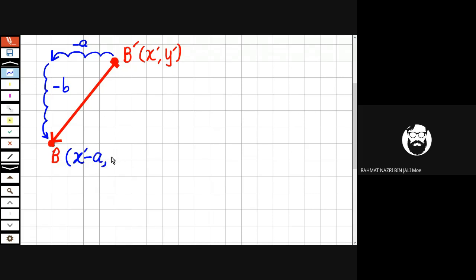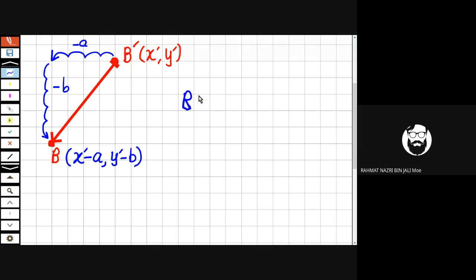Tolak A, kemudian Y coordinate. Kita ambil Y coordinate from the image minus B. Dan kita dapat buat conclusion. Coordinate for the object. Okay, not R, B now.